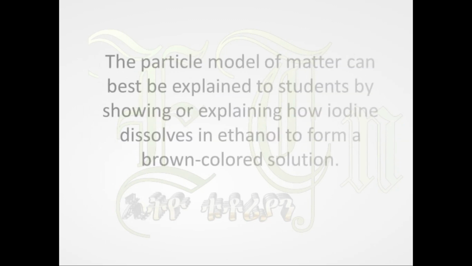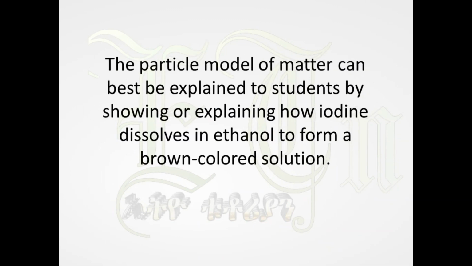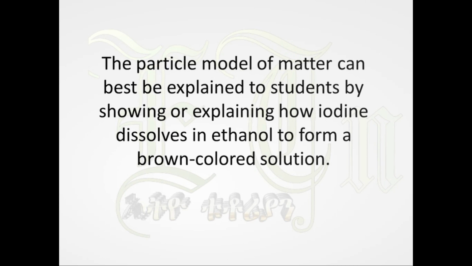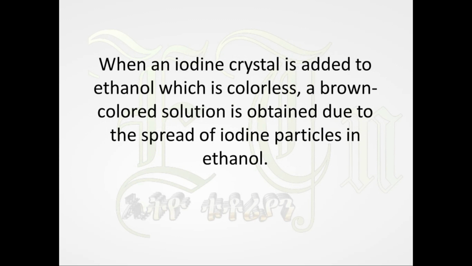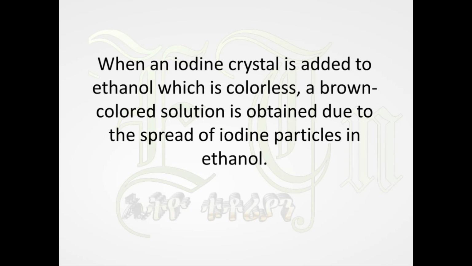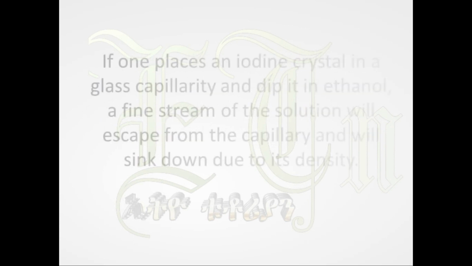The particle model of matter can best be explained to students by showing or explaining how iodine dissolves in ethanol to form a brown-colored solution. When an iodine crystal is added to ethanol, which is colorless, a brown-colored solution is obtained due to the spread of iodine particles in ethanol.